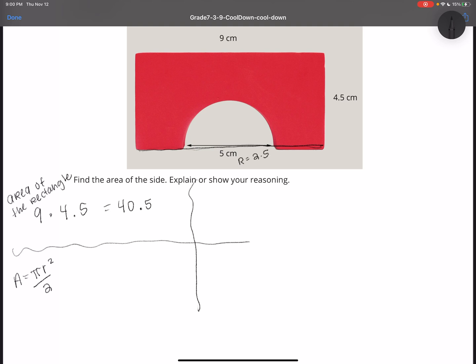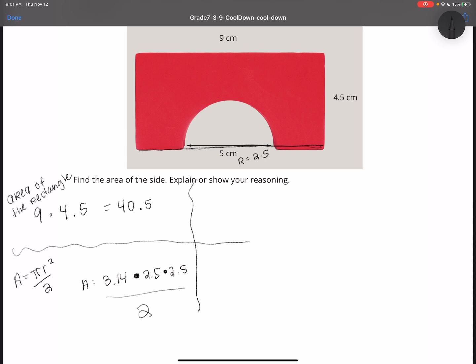All right. So now I want to plug in my formula, which would be 3.14, the estimate of pi. Or you could do 22 divided by 7, but that's a whole different story. I'm exaggerating my multiplication symbol so you don't think it's decimals. And then I'm going to divide my answer by 2. So 3.14 times 2.5 times 2.5, and I want to divide my answer by 2.